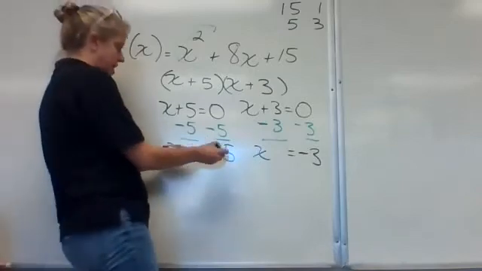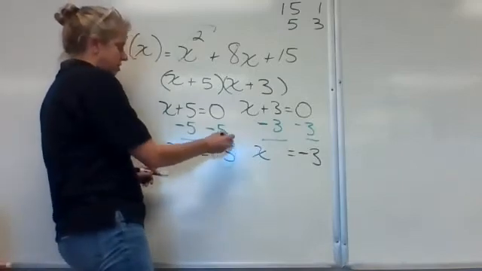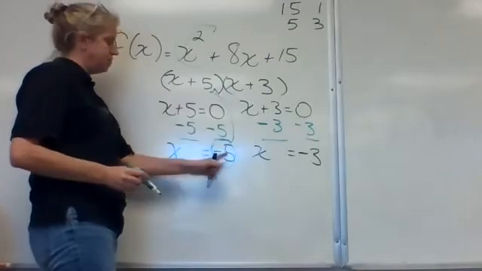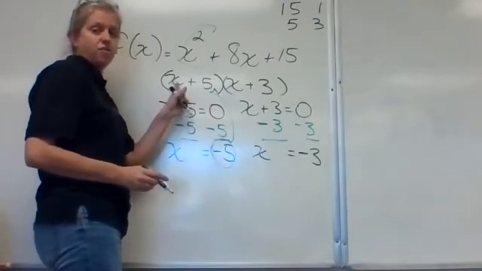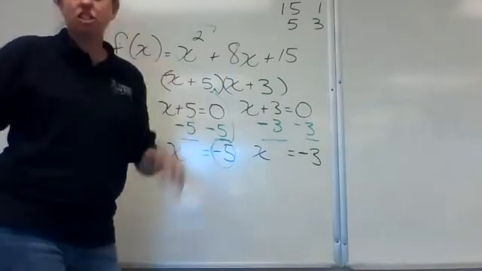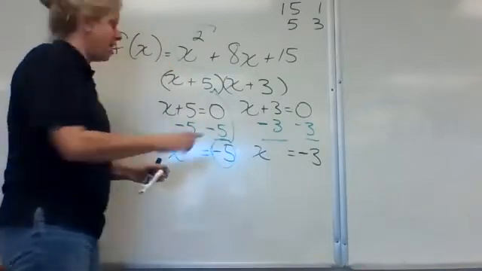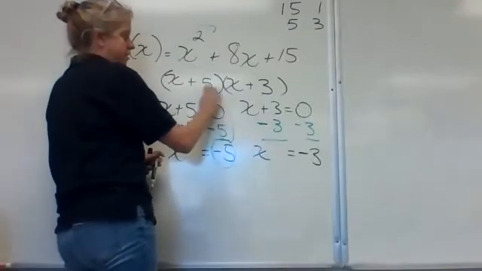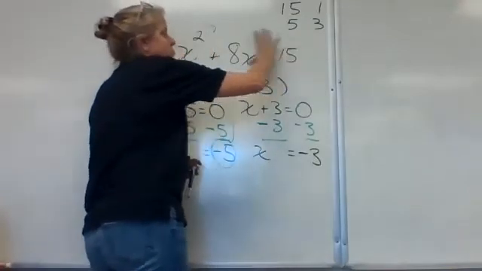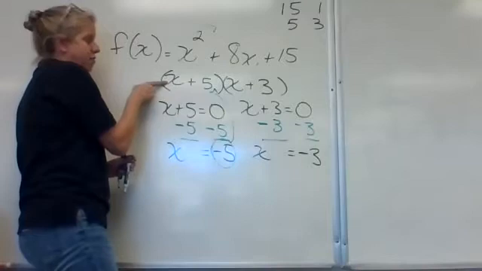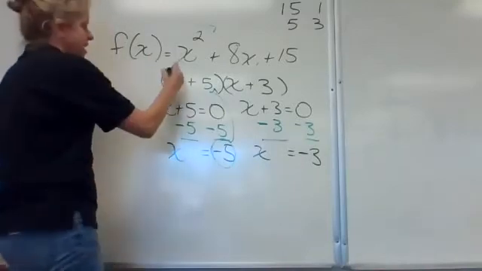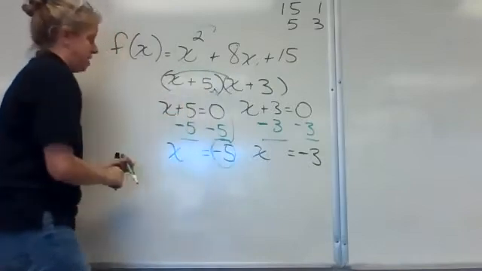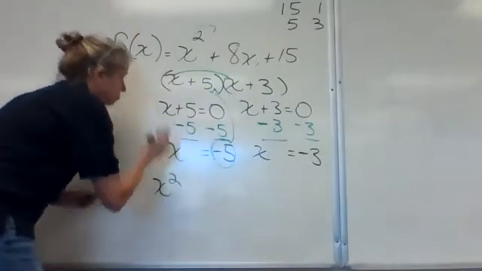So we're going to start off by going from here, turn it into the factor, which pretty much just means if your 0 is negative 5, then your factor is x plus 5. It's just the opposite sign. Now to get from this step to list out this polynomial factor, how do I get from here to here? Well, I FOIL, right? X times x would give me x squared.